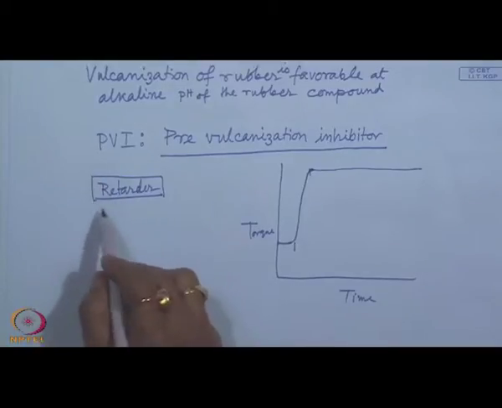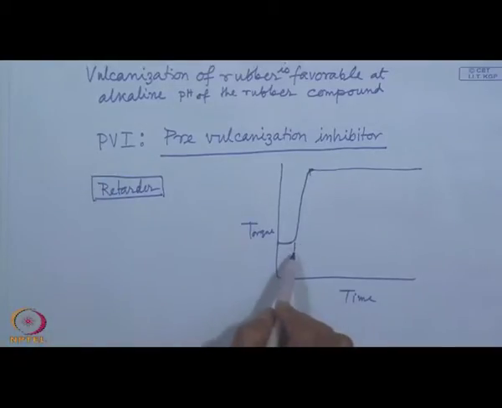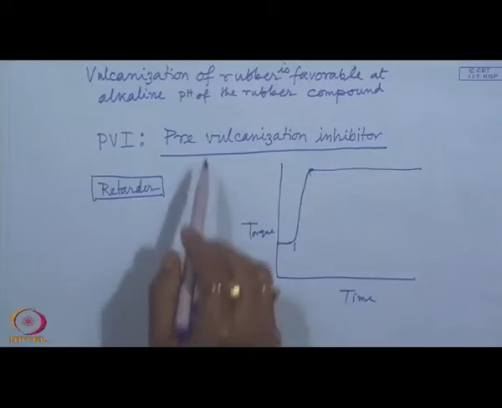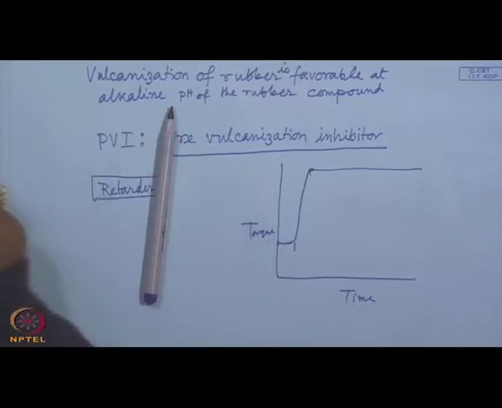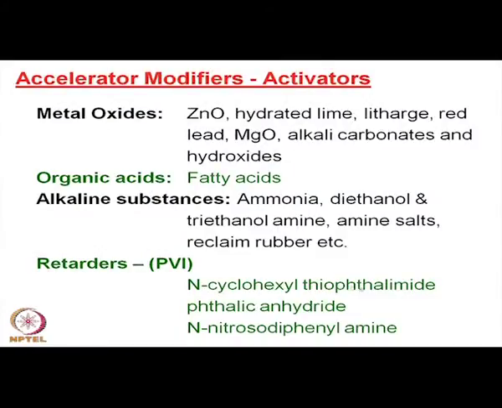Retarder means that it will retard the vulcanization reaction, or inhibit the vulcanization reaction, and that is called a pre-vulcanization inhibitor. Compounds like N-cyclohexyl thiophthalimide, or even phthalic anhydride, are acidic in nature. I told you that an acidic compound does not allow the crosslinking reaction or slows down the crosslinking or vulcanization reaction.